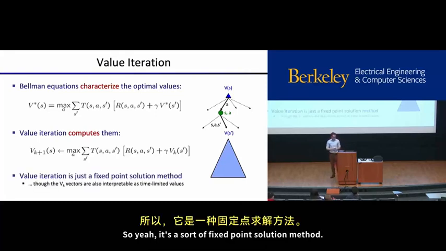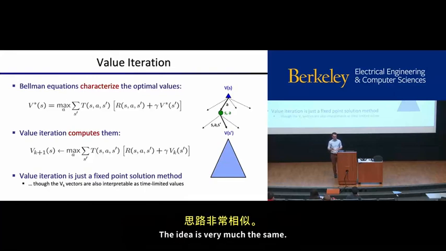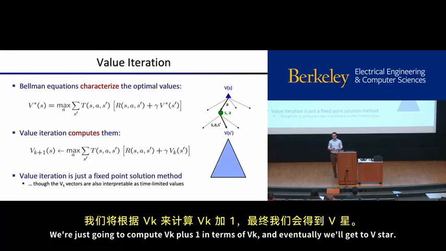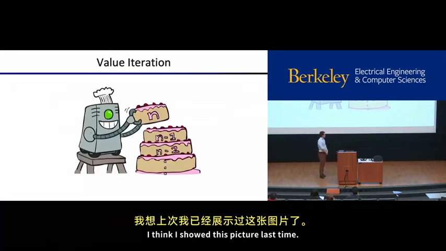So yeah, it's a sort of fixed point solution method. If you've seen fixed point stuff before, great. If you haven't, no problem. The idea is very much the same. We're just going to compute vk plus 1 in terms of vk, and eventually we'll get to v star. Okay? So the basic idea is we're building this cake layer by layer. I think I showed this picture last time.